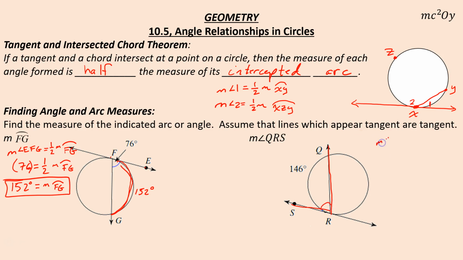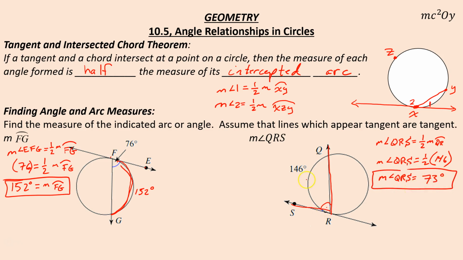We know that the measure of angle QRS is 1/2 of its intercepted arc, and the intercepted arc happens to be arc QR. And we know that arc QR is equal to 146, which means the angle QRS is equal to half of 146, or 73.